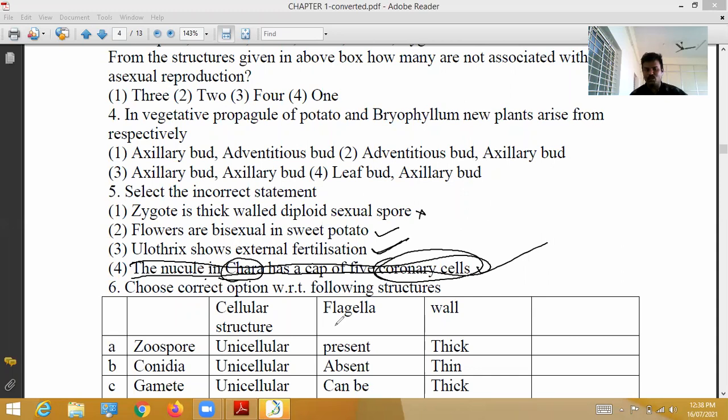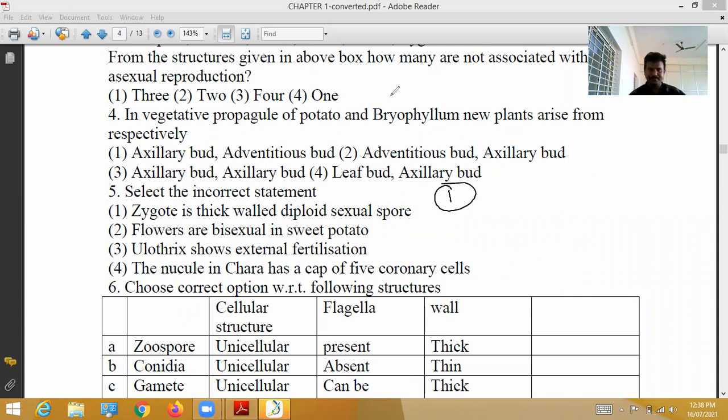No problem, don't worry. So the second, third and fourth options are correct. In the fifth question, the first option is the incorrect statement according to the question. Okay? That's all. Option 1 is correct.